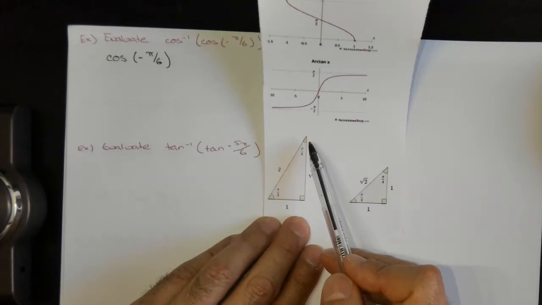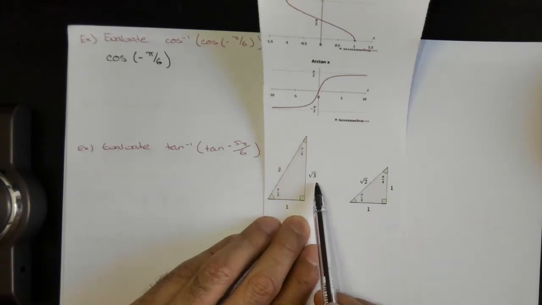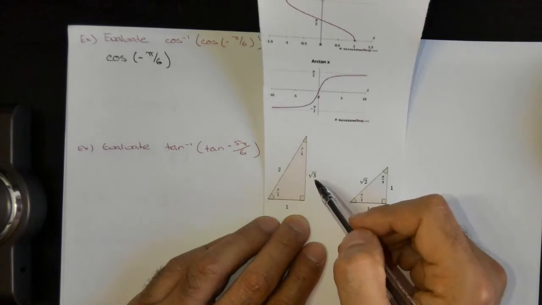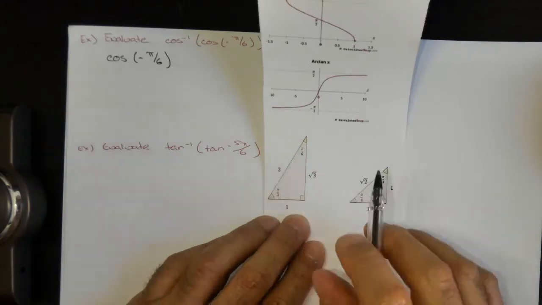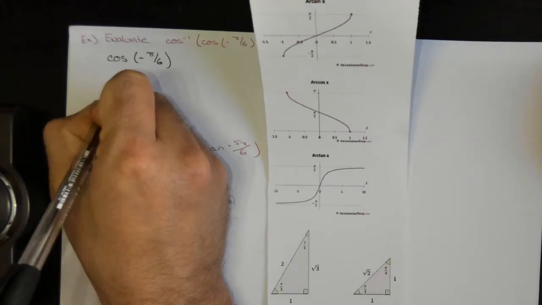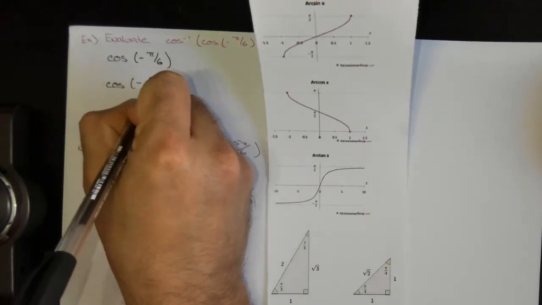And so the cos of that is going to be adjacent over hypotenuse. So I've actually got cos of negative pi on 6 equals square root 3 over 2.